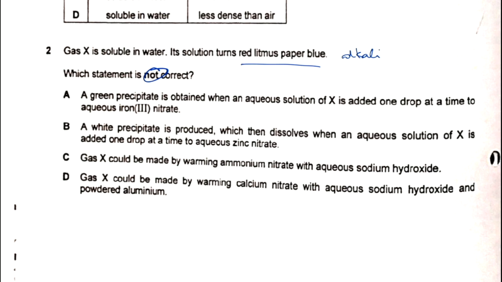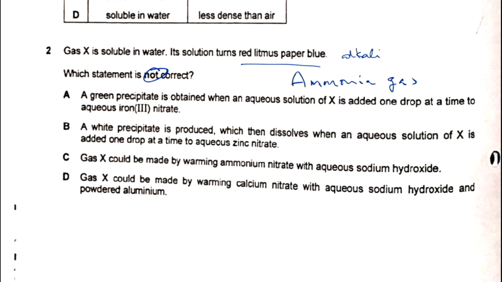Ammonia gas. Yeah, in the whole of chemistry, there's only one gas you learn that is alkali, right? So it's got to be ammonia gas. We want to find which one is not correct. A green precipitate is obtained when aqueous ammonia is added 1 drop to aqueous iron 3.